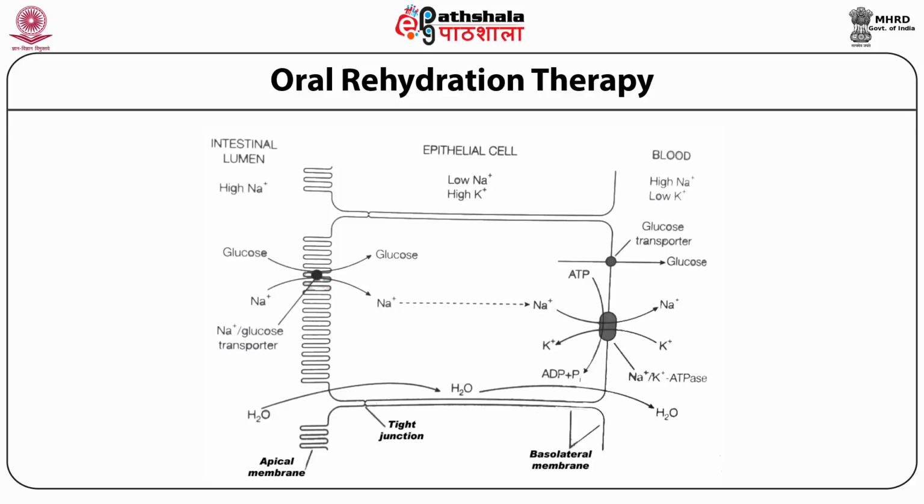The low concentration of sodium ion inside the cell is ensured by sodium ion potassium ion ATPase, which, as discussed before, is an ATP driven active transport. Thus oral rehydration therapy works because of so many transport mechanisms in place.